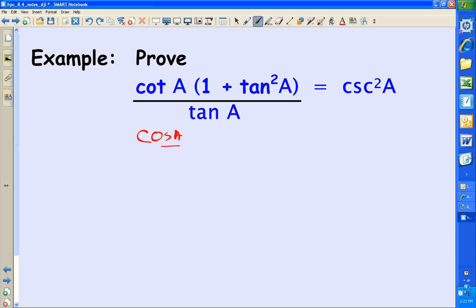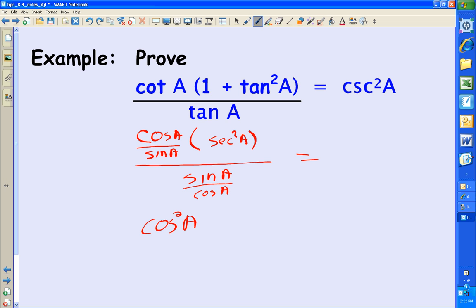Cosine A over sine A. And 1 plus tangent squared, secant squared A, over sine A over cos A. If you're dividing, and we leave the right-hand side alone, if you're dividing by sine A over cos A, that's the same as multiplying by cos A over sine A. Cos A over sine A times cos A over sine A would give you cos squared A over sine squared A times 1 over cos squared A.